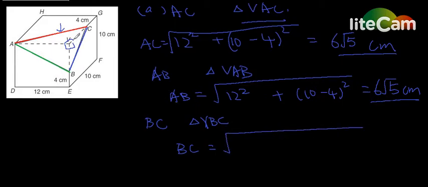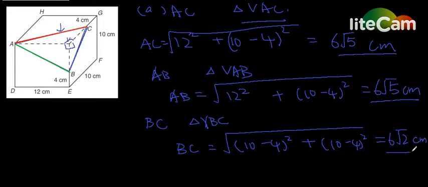And you can see here, for the line VC, it is 10 minus 4 squared. And we plus the line VB, it is also 10 minus 4 squared. And we have the answer 6 times square root of 2 cm. And this is the answer of BC.